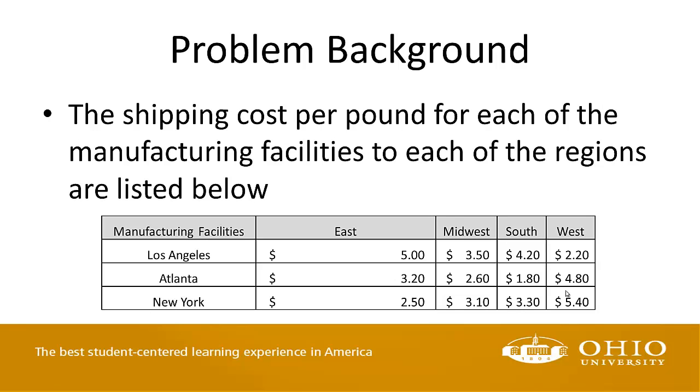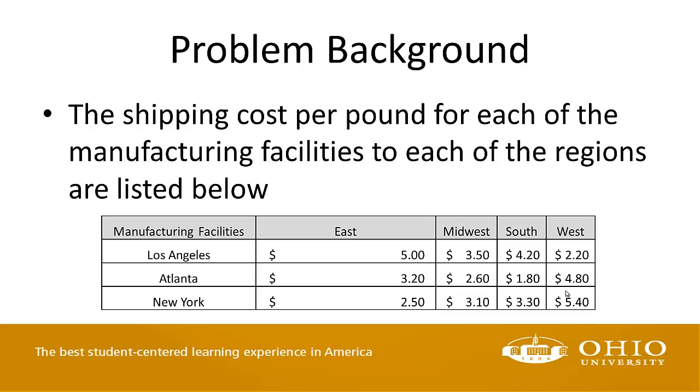The shipping cost, however, is going to depend on where the manufacturing facility is and where they're shipping to. We have a table provided that shows if we are manufacturing in Los Angeles and we need to send that all the way to the East Coast, we're going to have a pretty high shipping cost per pound at $5.